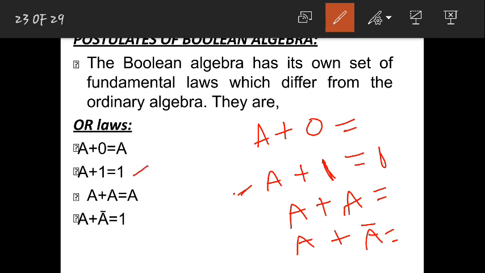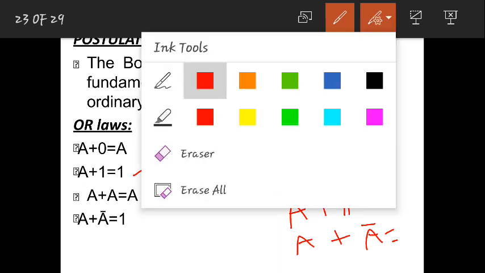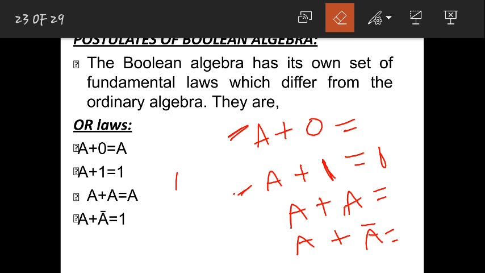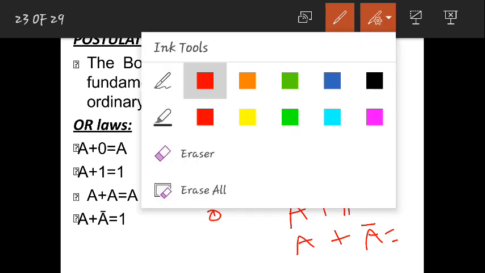Even if we are not able to do that, what you can try is, we'll start from the first one. A plus 0 means, here 0 is fixed, you can't change 0.